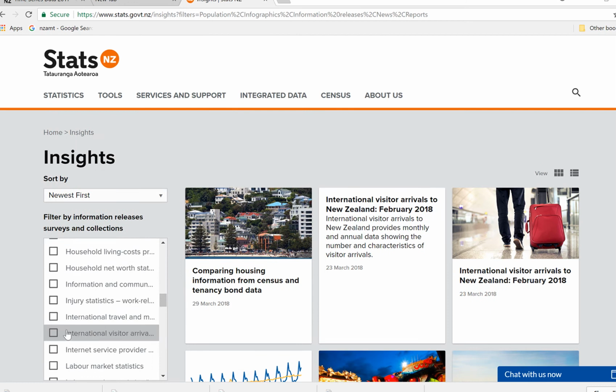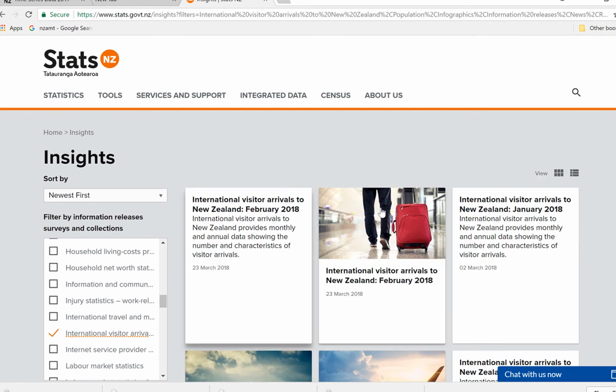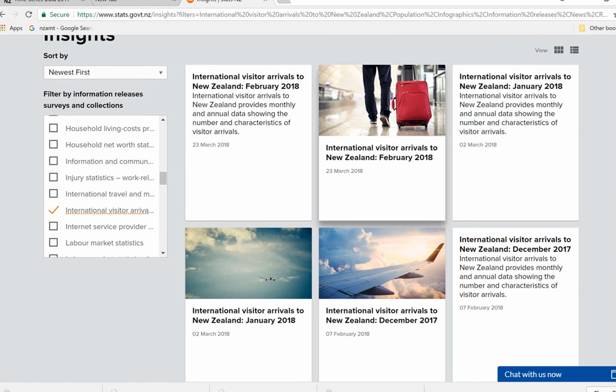So if we go to, it says filter by information releases, surveys and collections, and I'm going to go to international visitor arrivals, and I'm just again going to follow my nose. So see what they're saying about it.